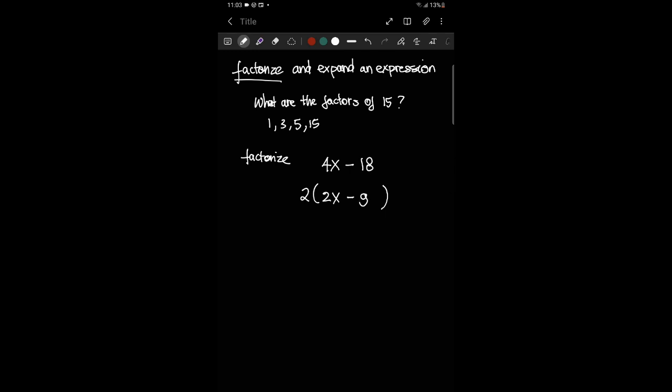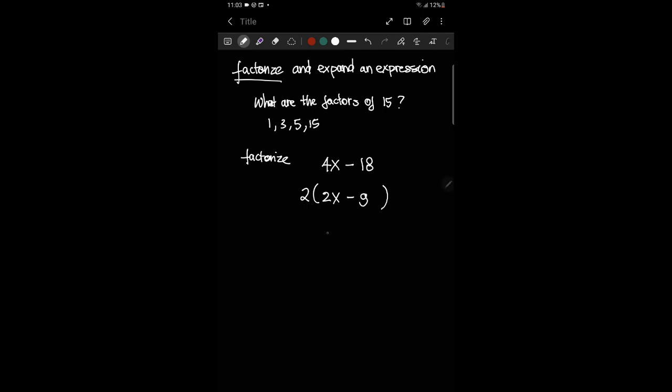So now I will take the 2 out from each term. Factorize, right? So I will take out the same factor from the terms in this expression. If I take out the 2, then it means I need to divide both terms by 2. 4x divided by 2 becomes what? 4 divided by 2 is 2x.